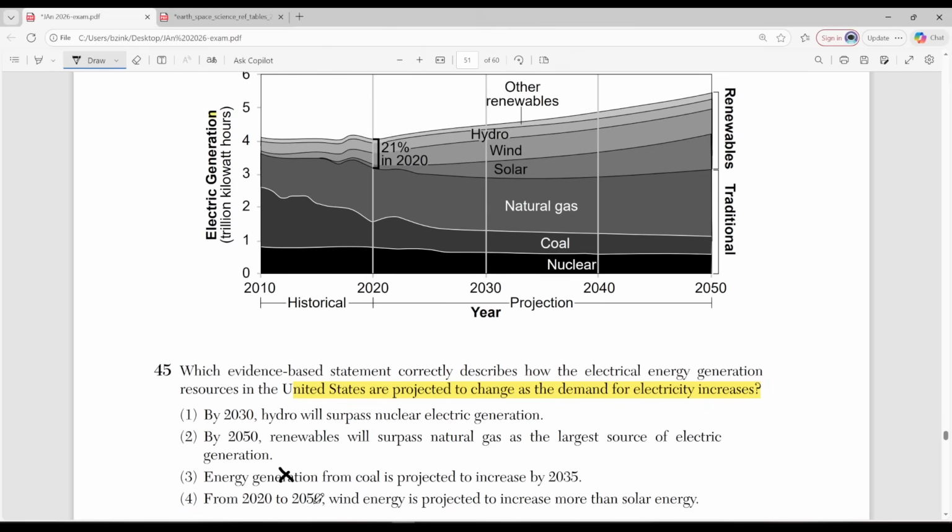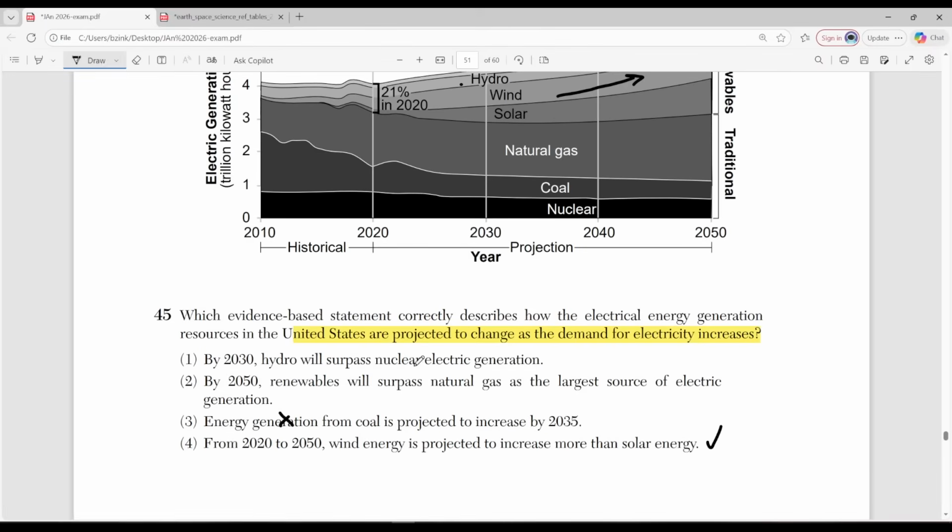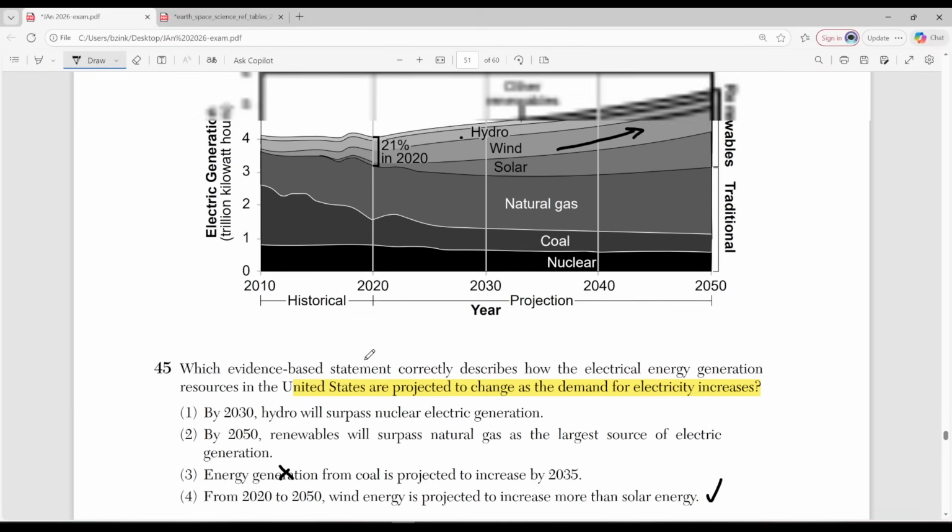From 2020 to 2050, wind energy is projected to increase more than solar. I mean, that's true. Let's read 1 and 2. By 2030, hydro will surpass nuclear. I mean, unless I'm reading this graph wrong, no. It's already surpassed.